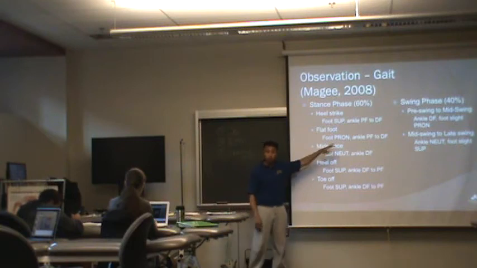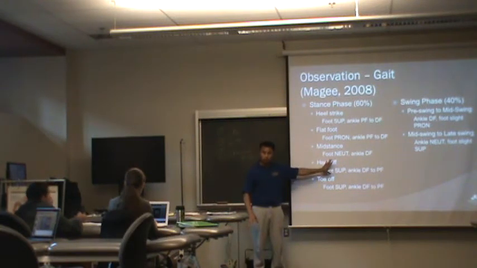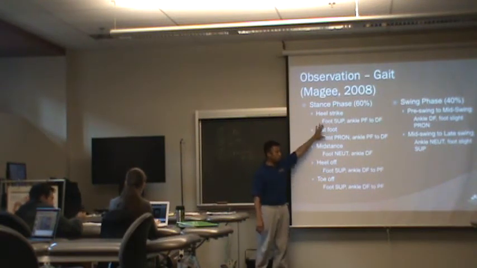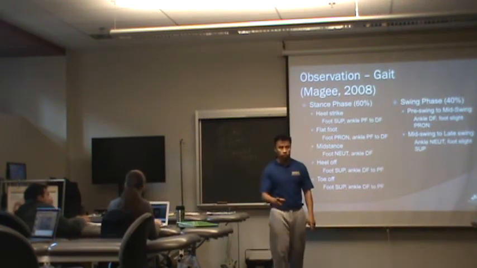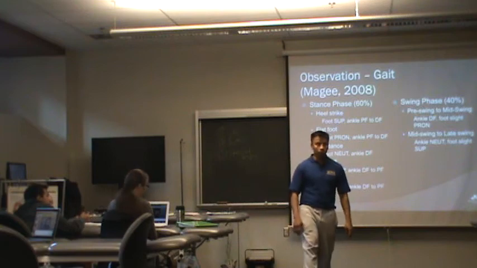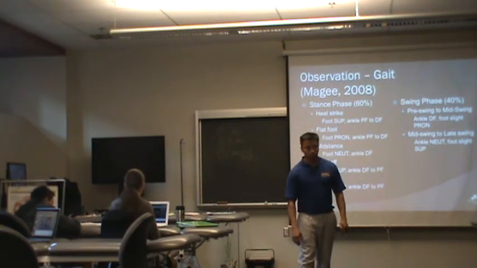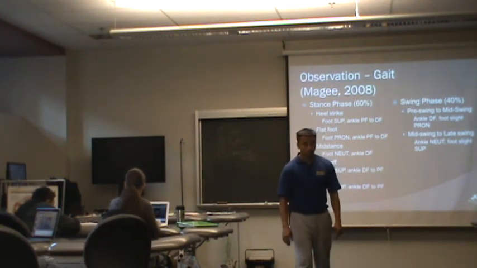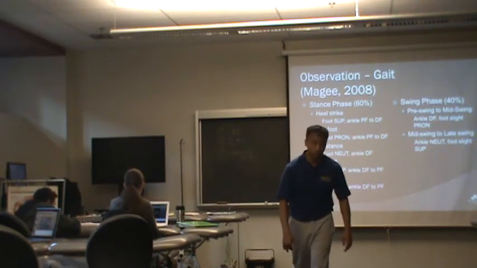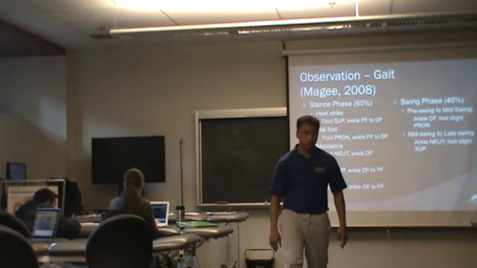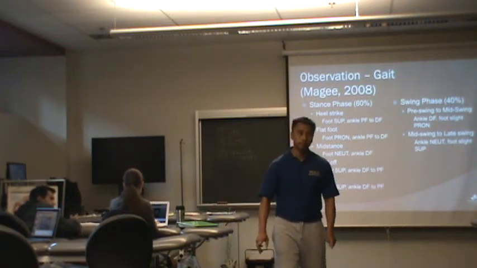If you're comfortable with this and you want to move on, you can continue and just read this, but you don't need to know all this stuff for my class. I put it up there for information only. What you need to know is that heel strike is the beginning of the stance phase. Mid-stance, toe off. Once you toe off, it's the swing phase until heel strike happens again.